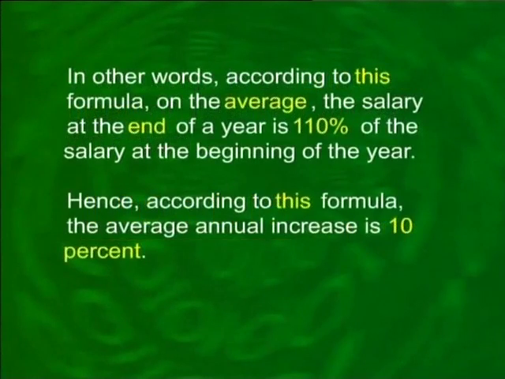In other words, according to this formula, we can say that on the average, the salary at the end of a year is 110% of the salary at the beginning of the year. In other words, according to this formula, the average annual increase is 10%.